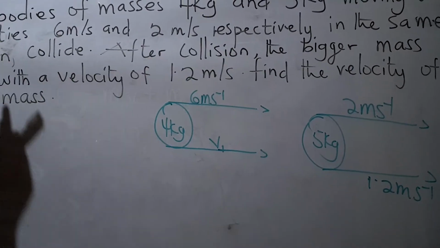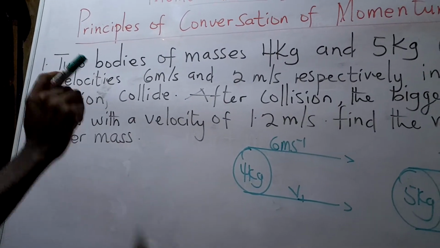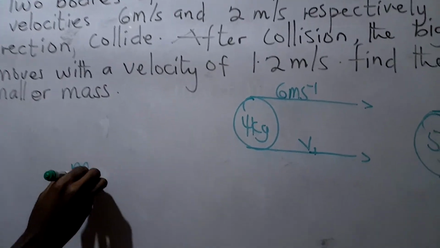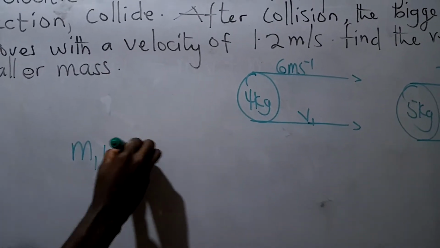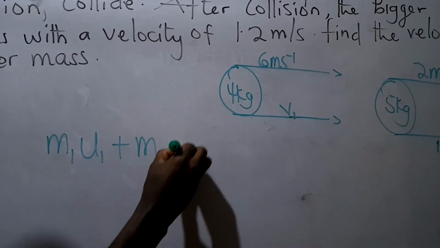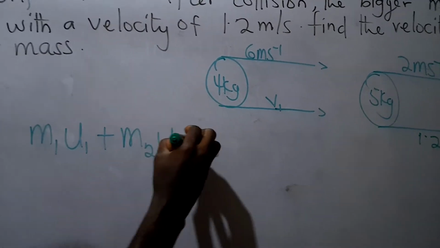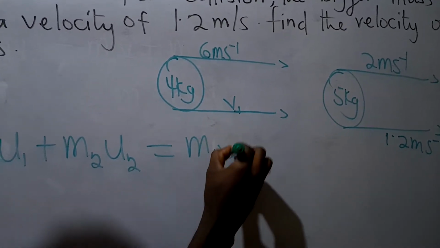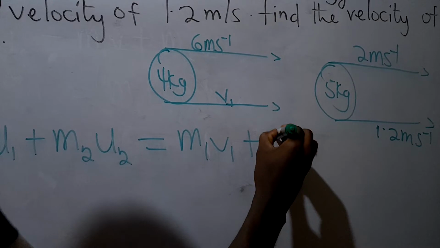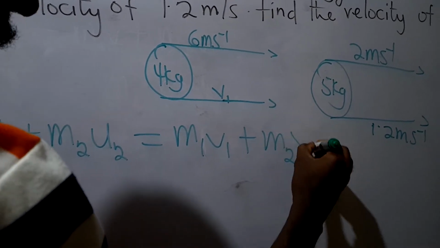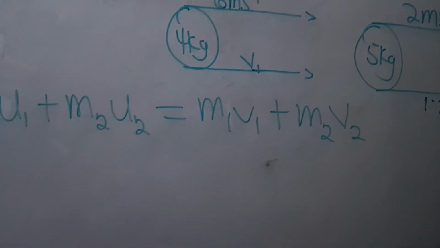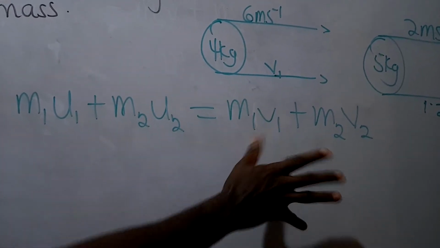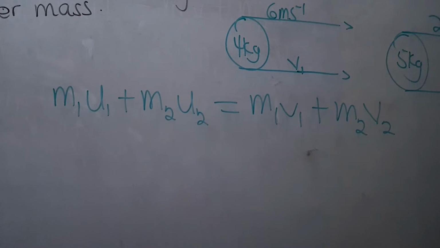Remember, the bodies are moving in the same direction. So we can say m1u1 plus m2u2 will be equal to m1v1 plus m2v2, where u is the initial velocity and v is the final velocity respectively of the two bodies.